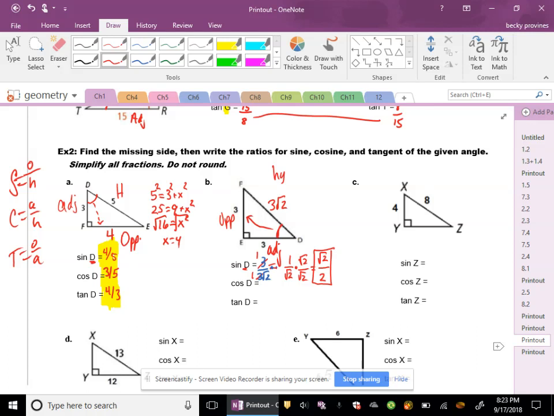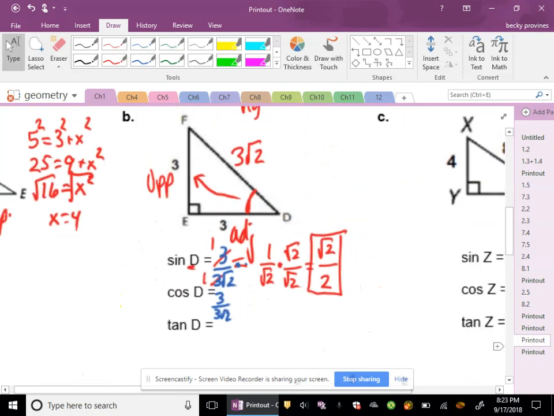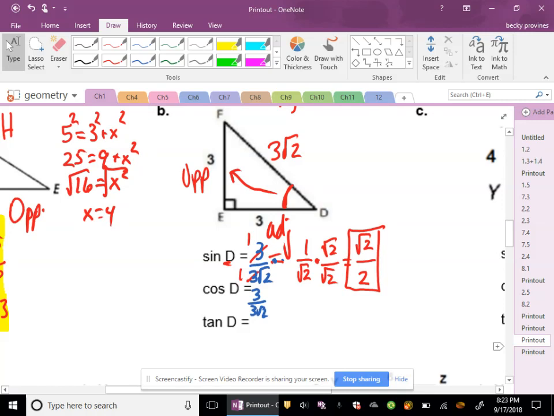So here's my next question. Is cosine the same thing? What do you think? All right, cosine, if you look over here, is adjacent over hypotenuse. So that is 3 over 3 root 2. That looks familiar, doesn't it? So this is actually going to simplify to the exact same thing. Remember before I told you when two sides are the same, you'll have two answers the same.